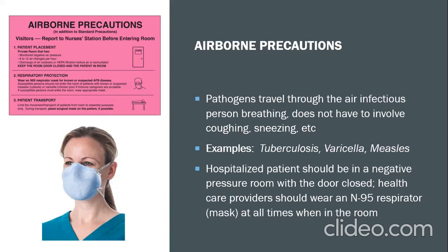But I will be honest, I don't usually see them put in a negative air pressure room. I usually see it more like droplet, where you just wear a mask and a gown. But varicella can come out airborne from those lesions while they're open. Once they scab up and get crusted over, then you don't have to worry about airborne.